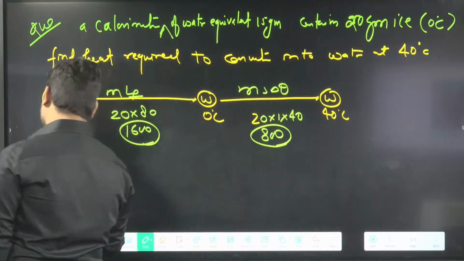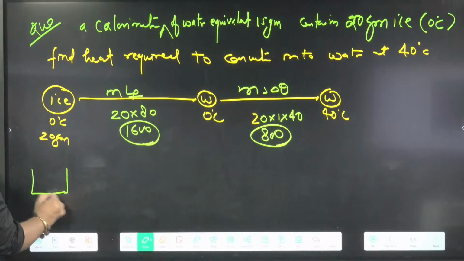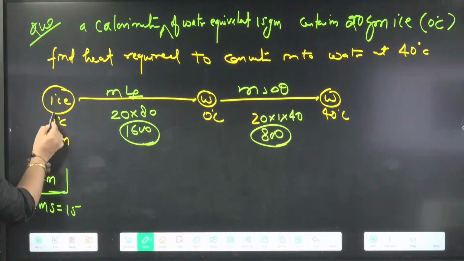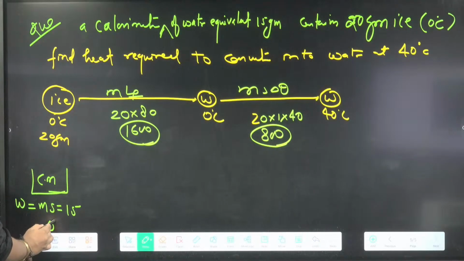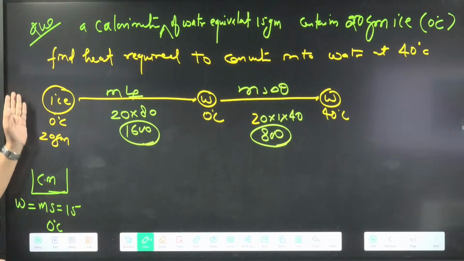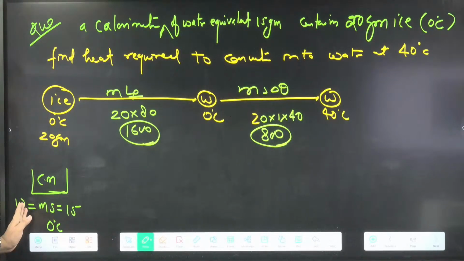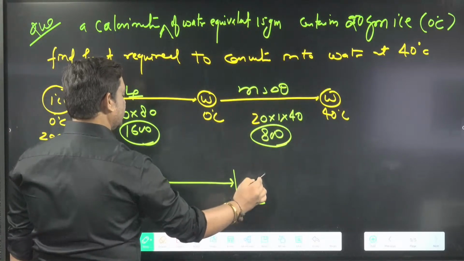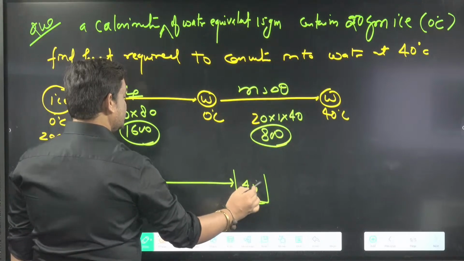But the container is also given, and the container will also take energy. This is the calorimeter, and its water equivalent is given. Water equivalent means m s is given, that is 15. The container is also at 0 degrees Celsius initially, the same as the ice. Finally, the water is at 40, so the container will also reach 40 degrees Celsius.